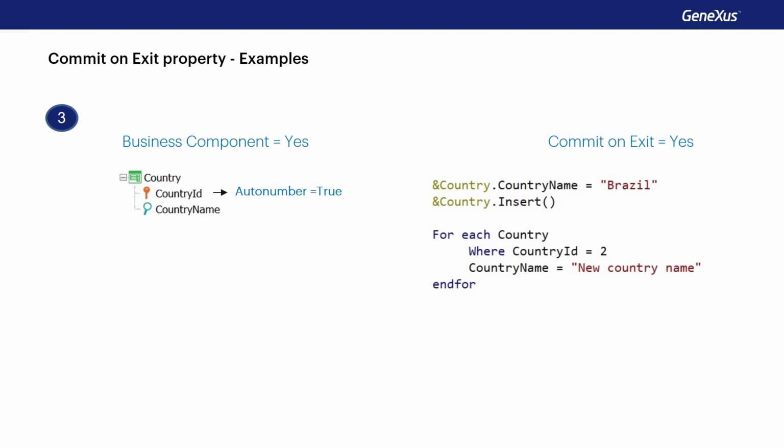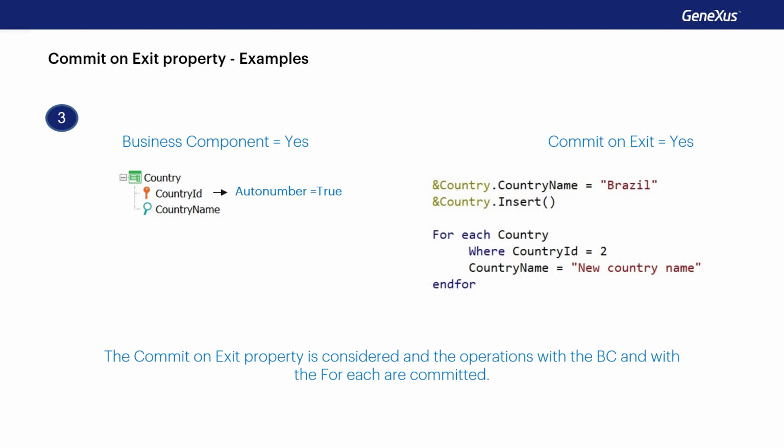In this example, since there are operations with a business component in the source of a procedure, and there's also a for each that performs updates on the database, then the yes value of the commit on exit property is considered, and both the operations with the business component and the operations of the for each are committed. Therefore, the country with the name Brazil will be inserted, and also the country with value country ID equals 2 will change its name.